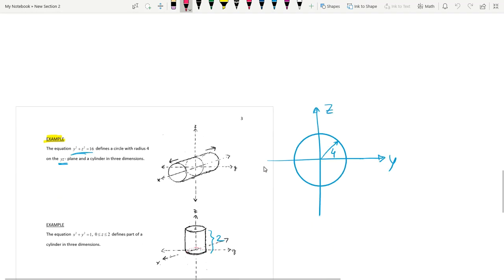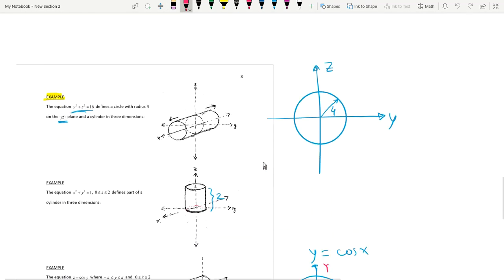Now in our next problem, if you consider the yz plane and suppose you have a circle with radius 4, then what would be its equation? Its equation would be y square plus z square equals 4 square. That means y square plus z square equals 16.